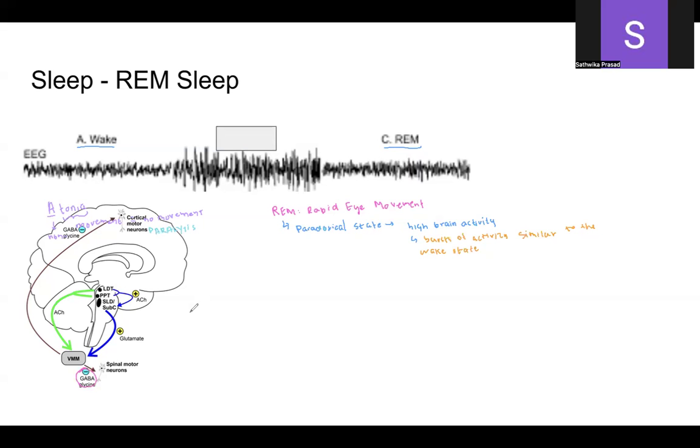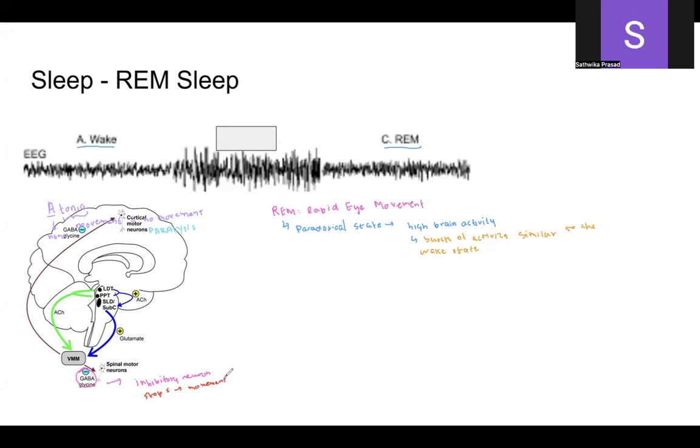If you remember from chapter one, GABA is your inhibitory neurotransmitter, which I'll switch to red because it stops or prevents firing. So in this case, it stops movement.